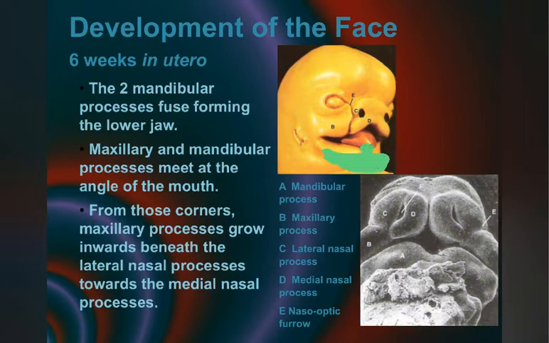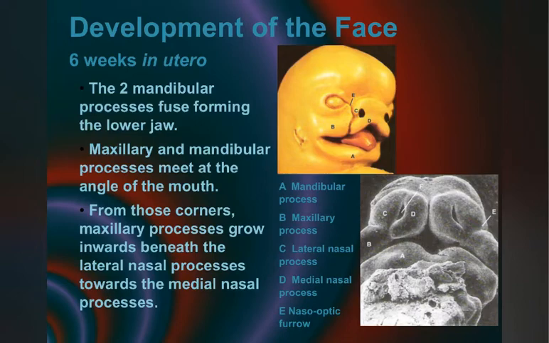Here we see the tongue sticking out of the oral cavity. This is because at this stage of development, the size of the oral cavity is small compared to the size of the tongue. So the tongue has no room to stay completely inside the oral cavity.